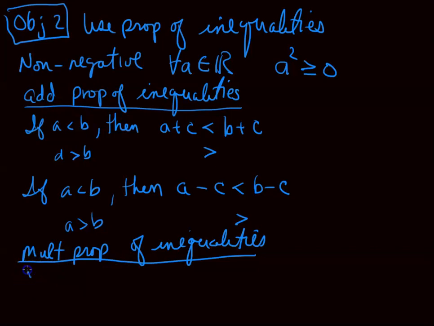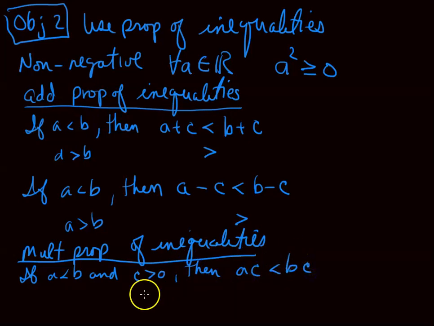But it won't if it's positive. So if A is less than B and C is greater than 0, then AC is less than BC. It doesn't change. And for greater than, if C is greater than 0, then it remains greater than.